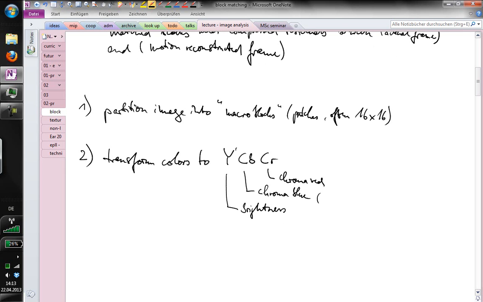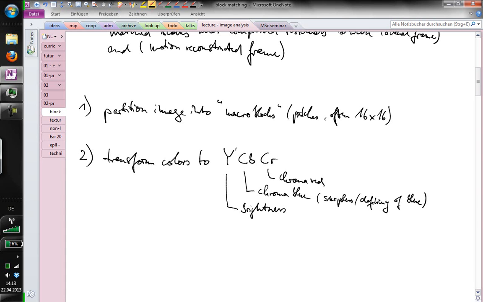And what these code for is a surplus or a deficiency of this specific color, in this case of blue, with respect to a pure gray image.